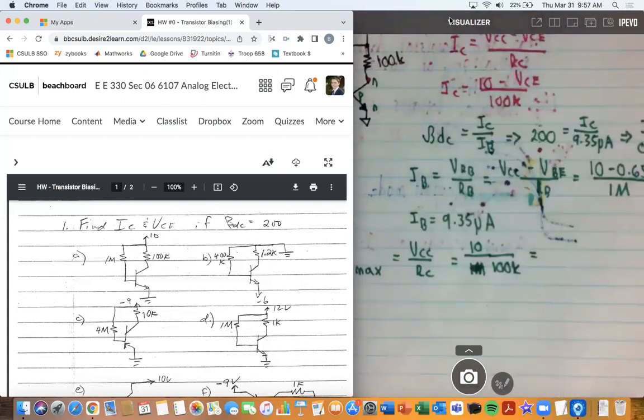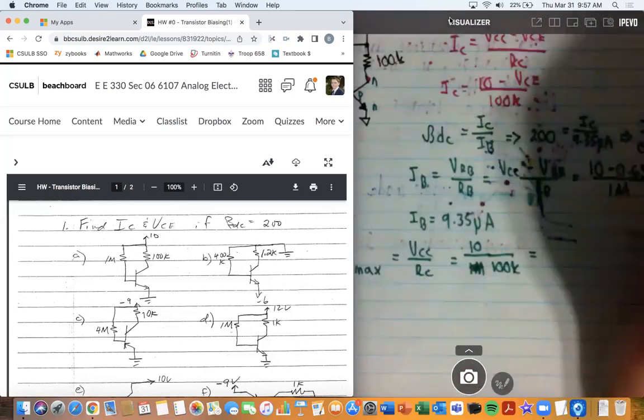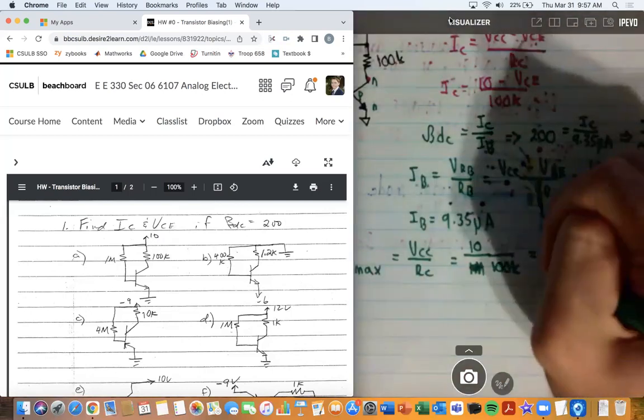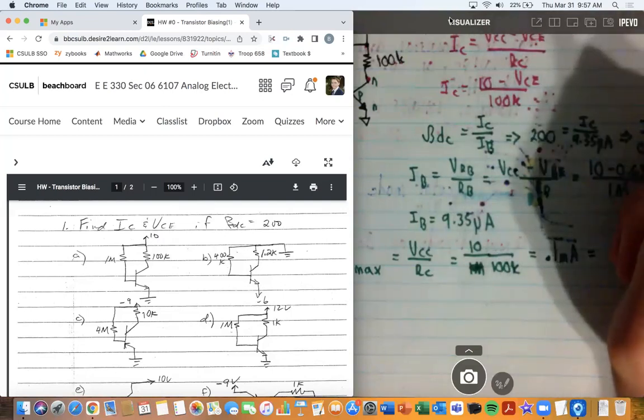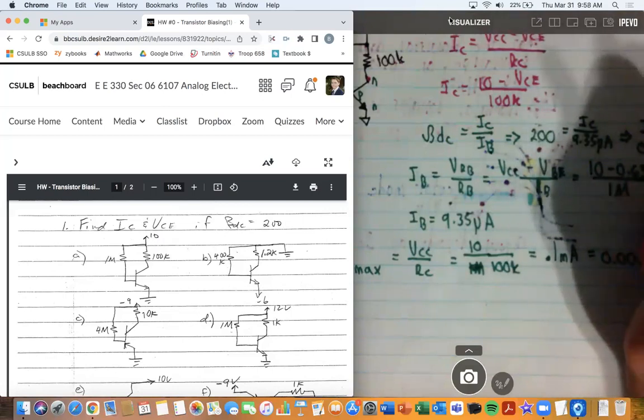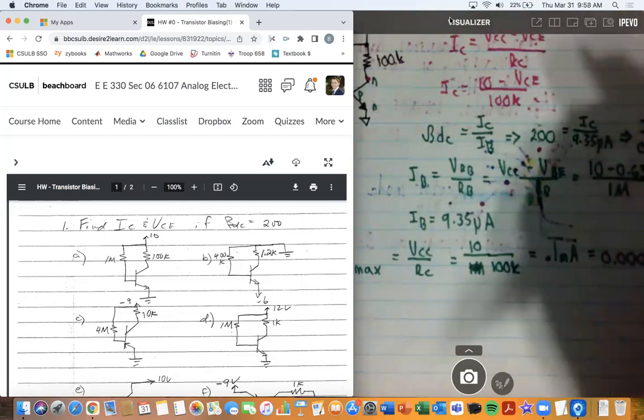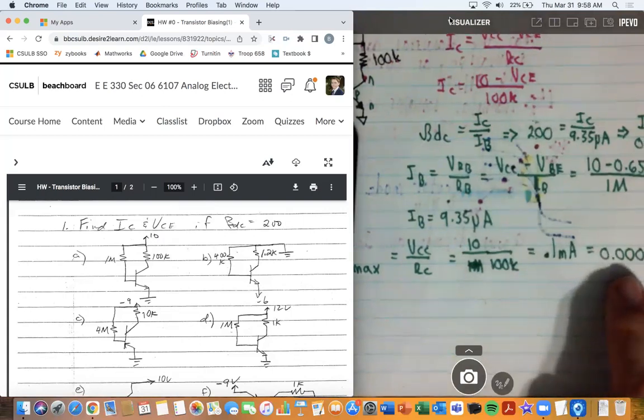So if we're going to think about that, what that's going to be is 0.1 milliamps. And so that is equal to 0.0001.